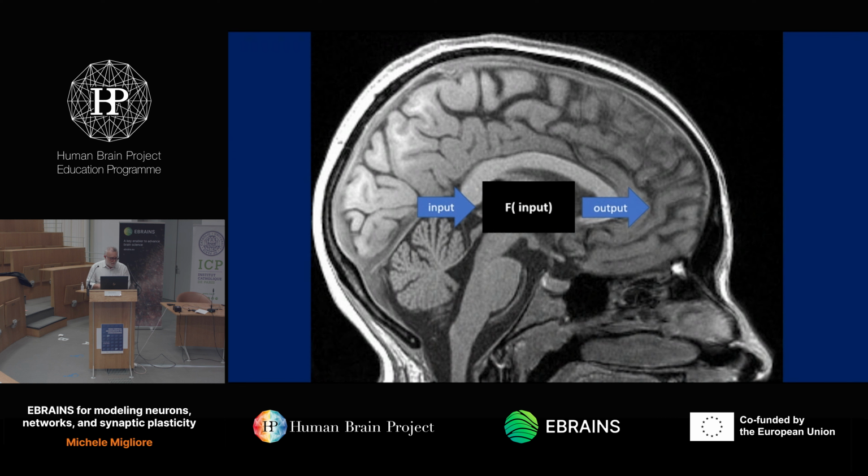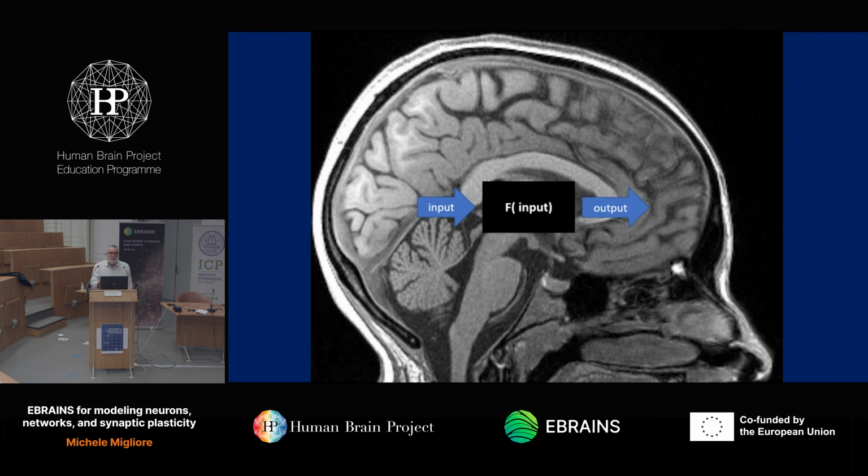I'm going to talk about modeling. In general, if you want to model a brain system or the brain itself, what you do is use the black box approach and say, okay, I'm smart enough to invent a function or an artificial network that can generalize, and I can train it in such a way that to a specific set of inputs I get the right output, and for any input it will give me the right output.